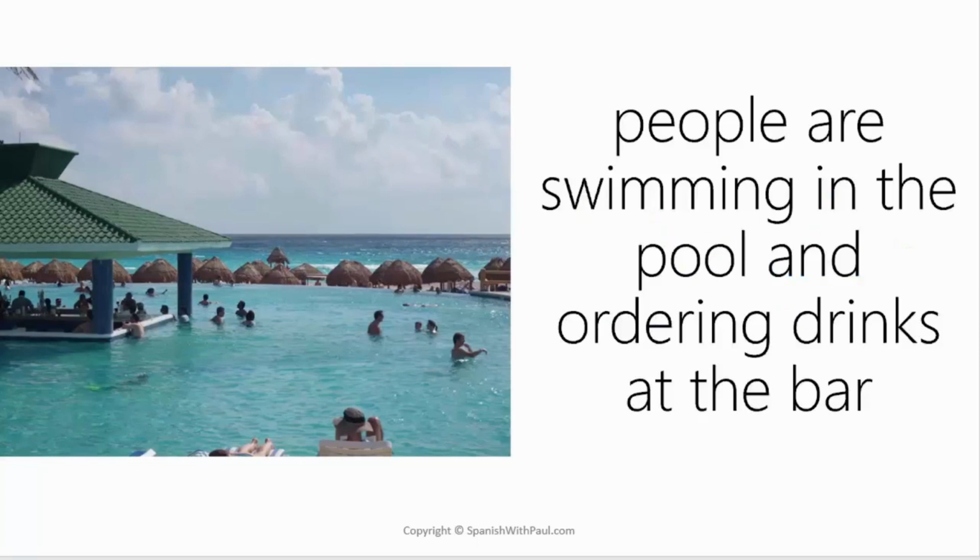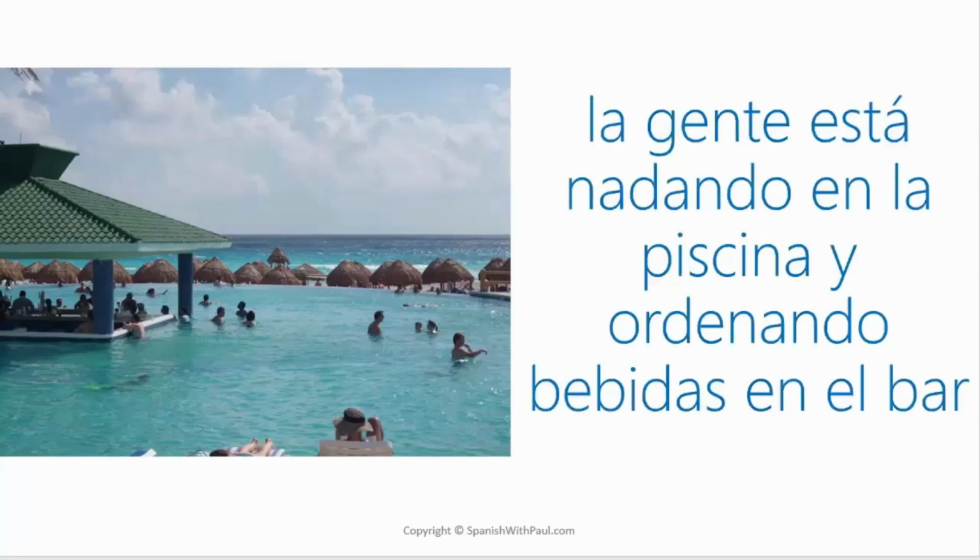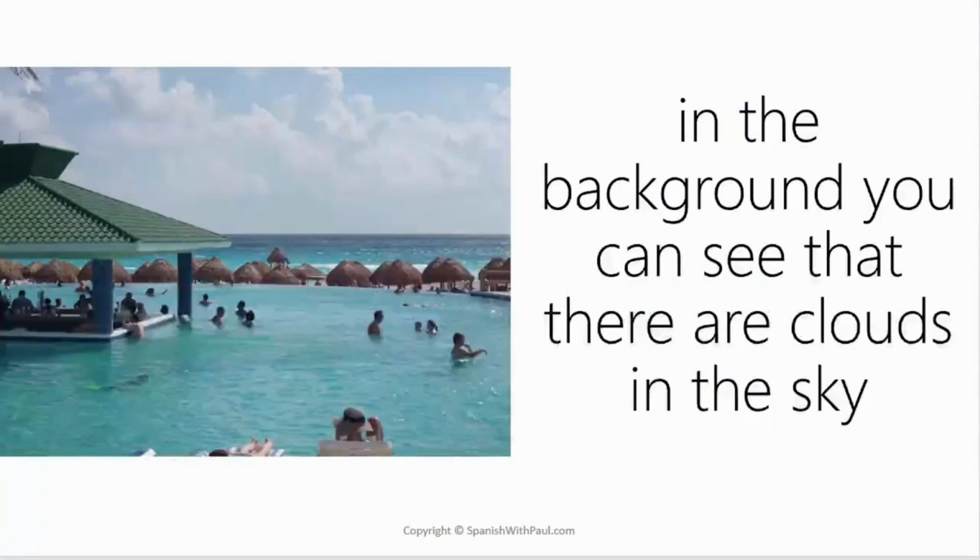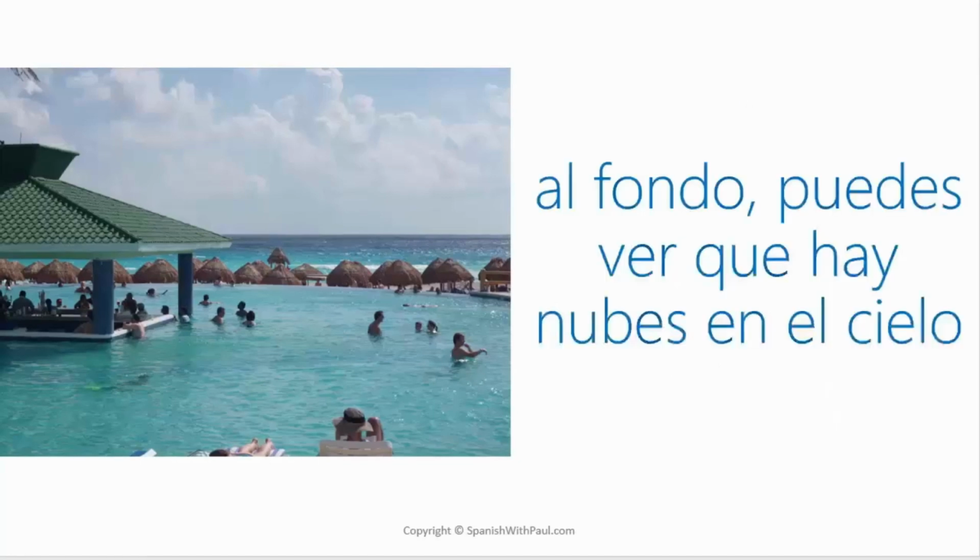People are swimming in the pool and ordering drinks at the bar. La gente está nadando en la piscina y ordenando bebidas en el bar. In the background, you can see that there are clouds in the sky. Al fondo, puedes ver que hay nubes en el cielo.